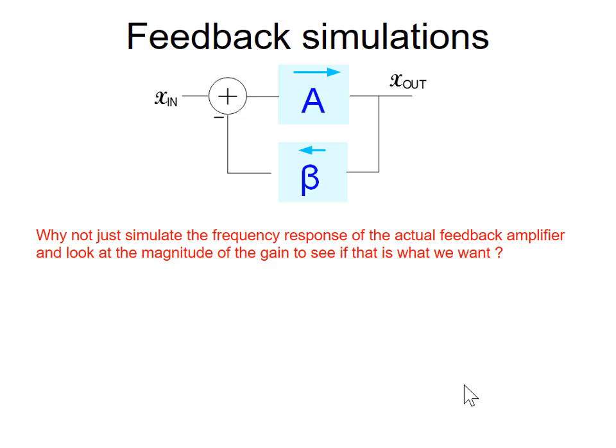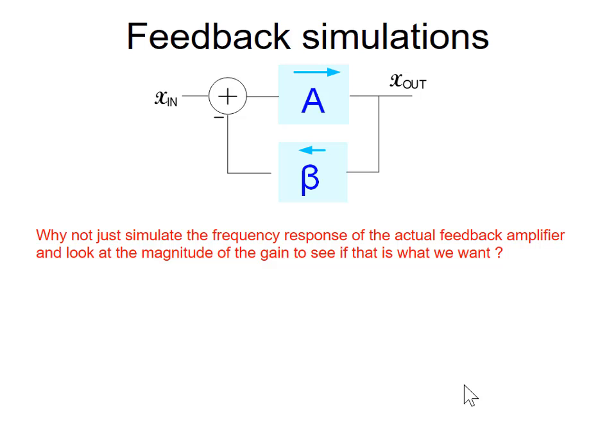Maybe it is. Tim, you seem to have a questioning look on your face. It seems kind of more like a guess and check approach, doesn't it, to simulate? Good observation. It might be a guess and check approach, so that's a good concern. But you get a little bit of problem with phase margin also.